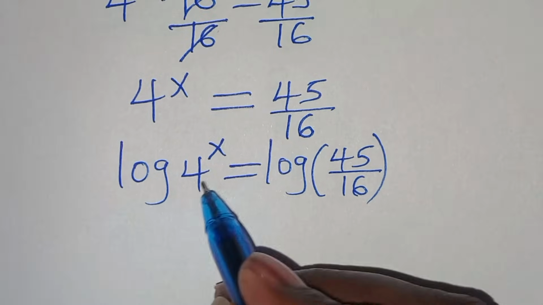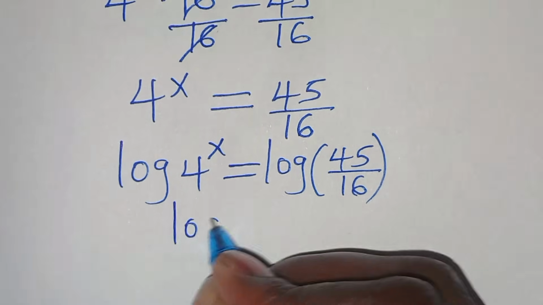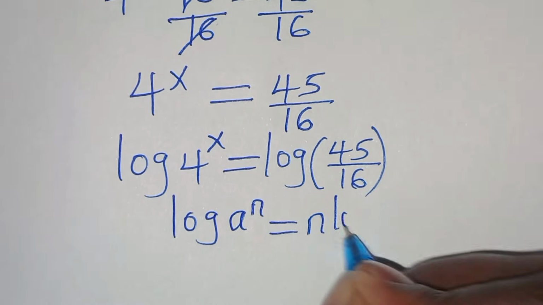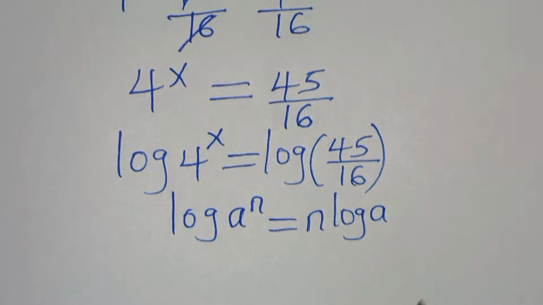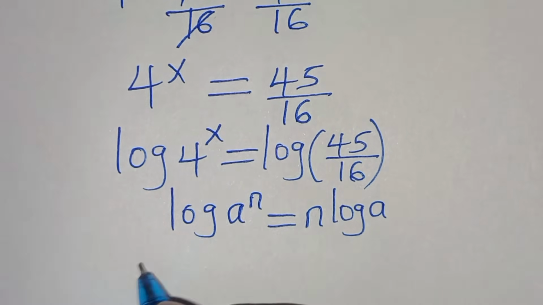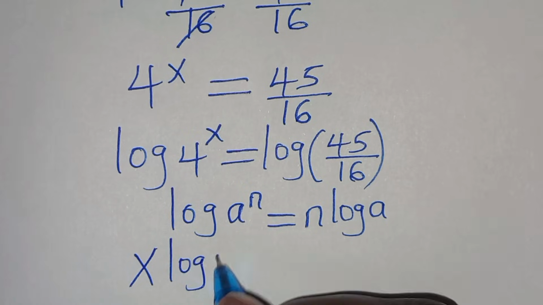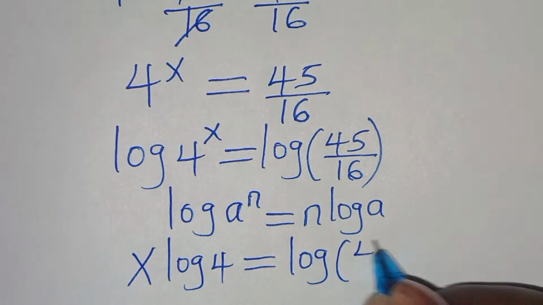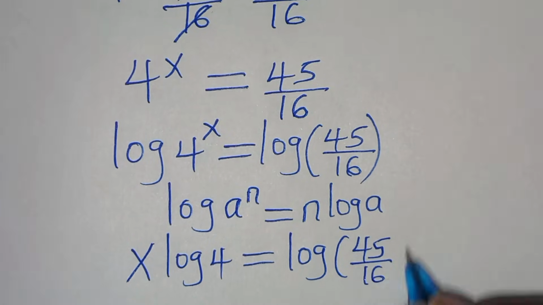We have that log 4 to the power of x is in the form of log a to the power of n, which we can express as n log a. Applying this power log property, log 4 to the power of x becomes x log 4, equal to log 45 divided by 16.